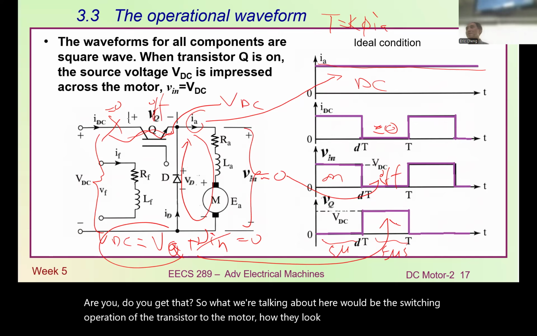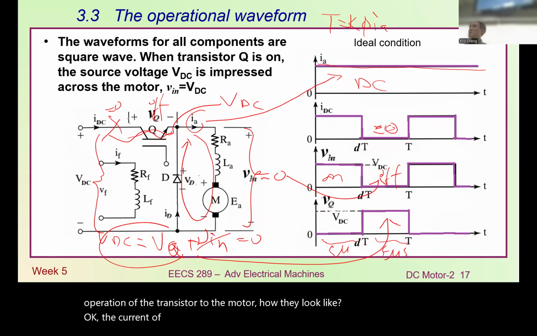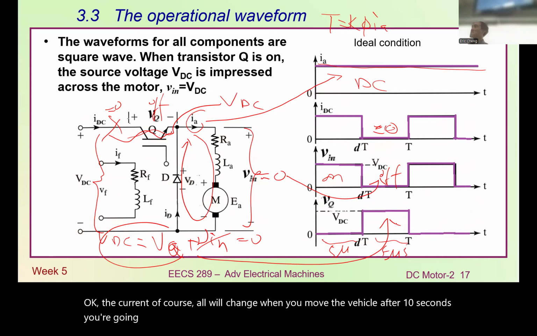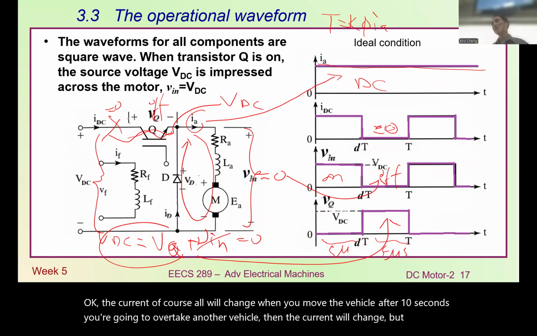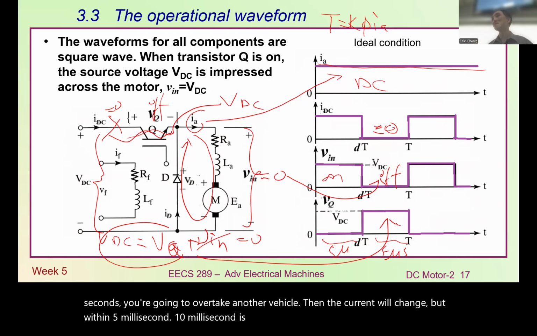The current always changes, of course. When you move the vehicle and after 10 seconds you overtake another vehicle, then the current will change. But within 5 milliseconds, 10 milliseconds, it has not yet changed. It's still quite constant. Anyway, any question up to this point?